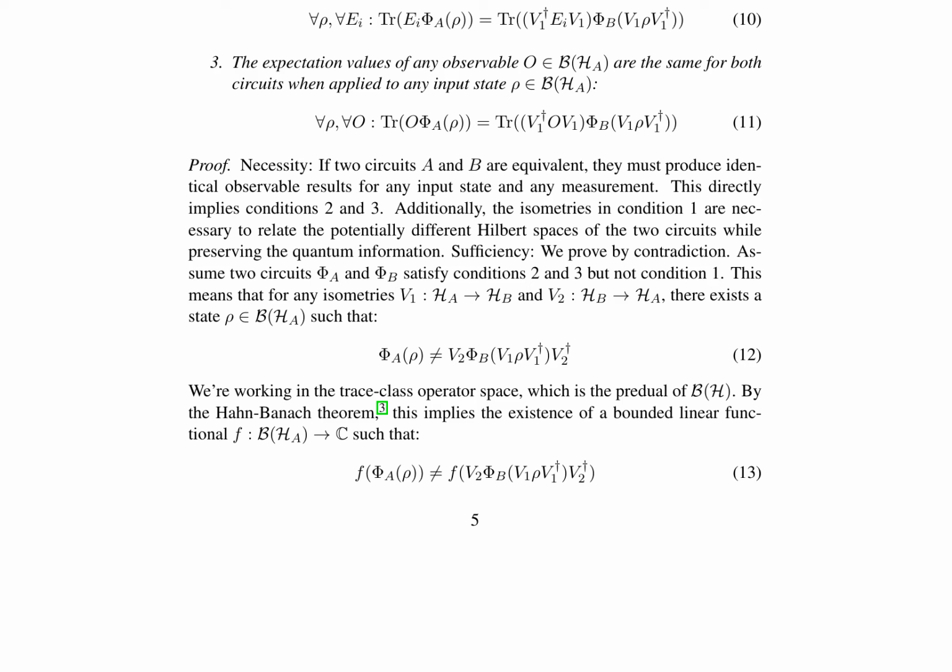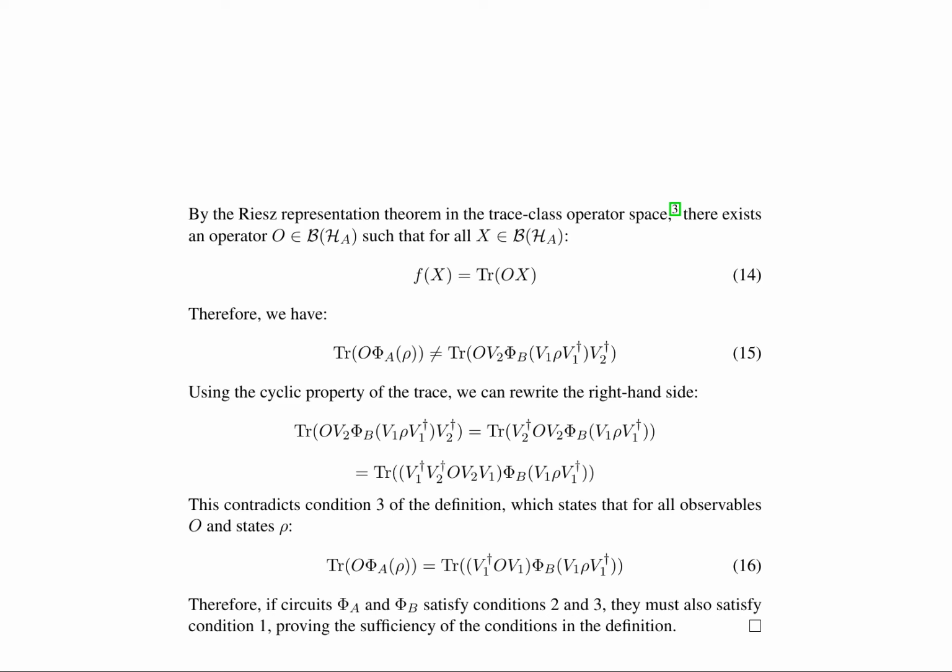This result is crucial in demonstrating the equivalence of quantum circuits based on character decomposition, providing a novel framework for comparing and optimizing quantum circuits. The Riesz representation theorem is employed in the trace class operator space to establish the existence of an operator O satisfying equation 14, which leads to a contradiction with condition 3 of the definition, thereby proving the sufficiency of the conditions.